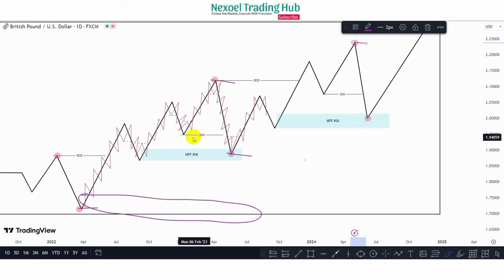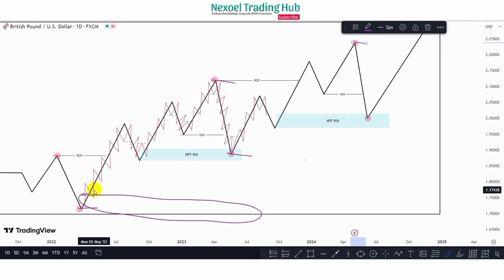Or once they see the raid of the inducement in the higher time frame, they assume that is a change in market character. So this is actually the ideal low point until price pushes to the downside and raids this low points before we can consider that as a reversal in the market's condition.